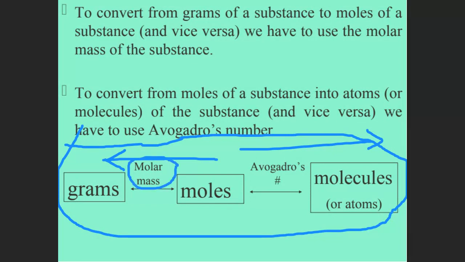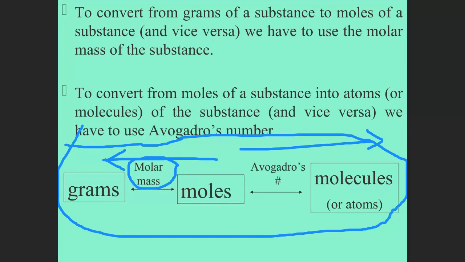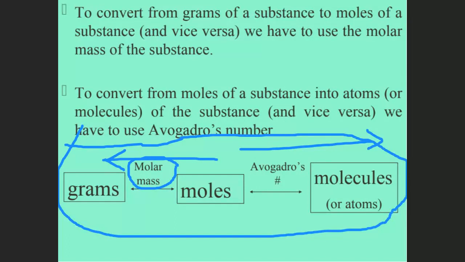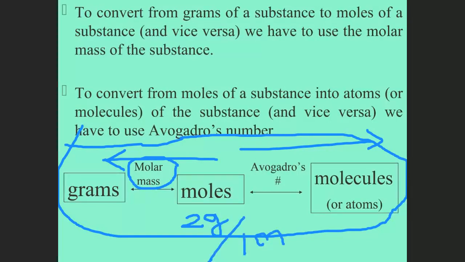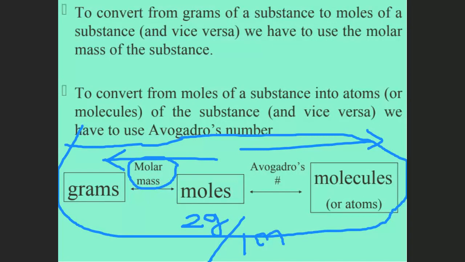Because if I ask you the molar mass of 1 mole of hydrogen molecule, we know that this is going to be 2 grams per mole, correct? So that's why we will use mole to gram conversion.